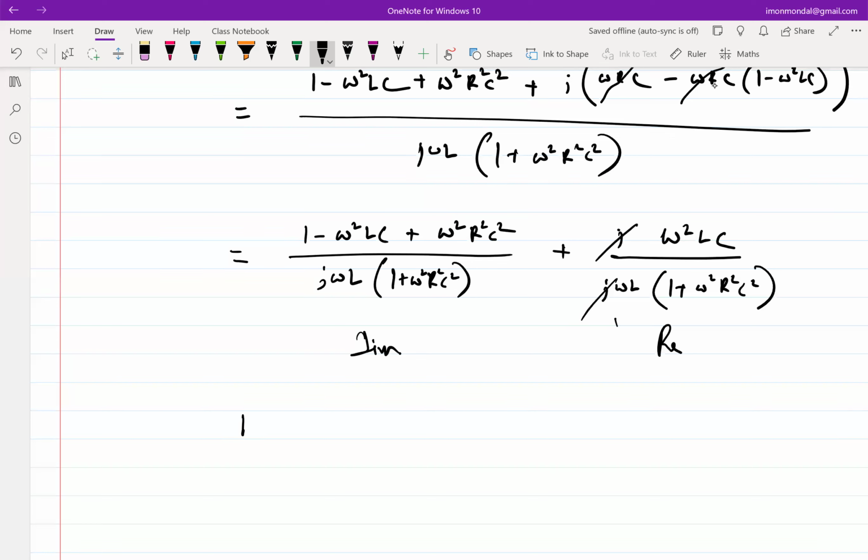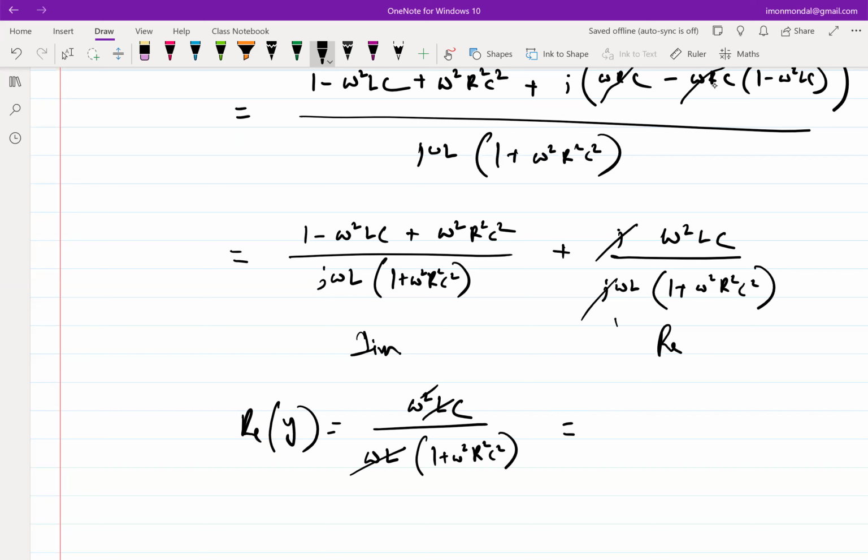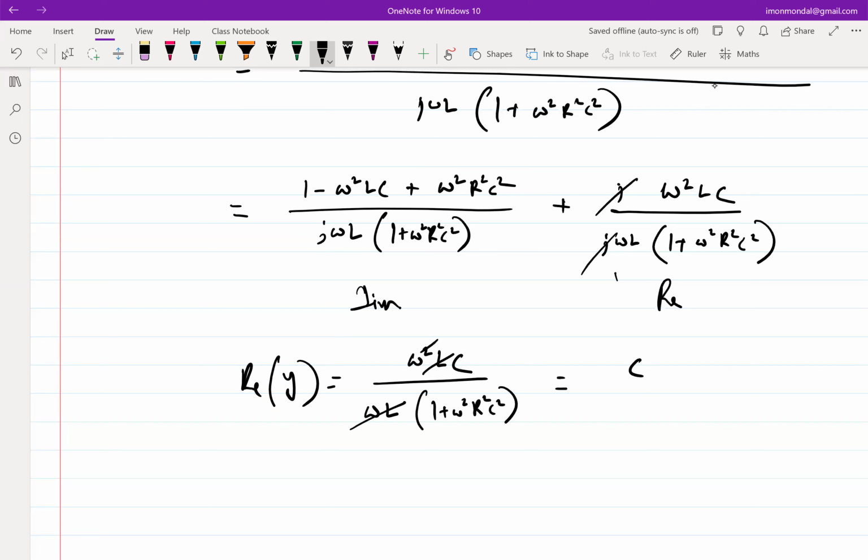So real of y becomes omega square LC by omega L, 1 plus omega square R square C square. So basically these cancel out. This is omega C by 1 plus omega square C square.